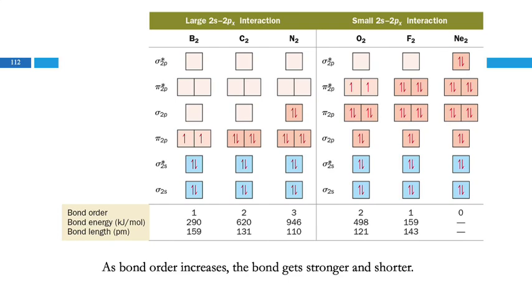Now what we see is that the bond order is decreasing. The bond order for Ne2 is actually 0, which we did not expect, Ne making a molecule with another neon atom, right? But these bond orders are getting smaller, and so we see a decrease in the bond energy and an increase in the bond length.